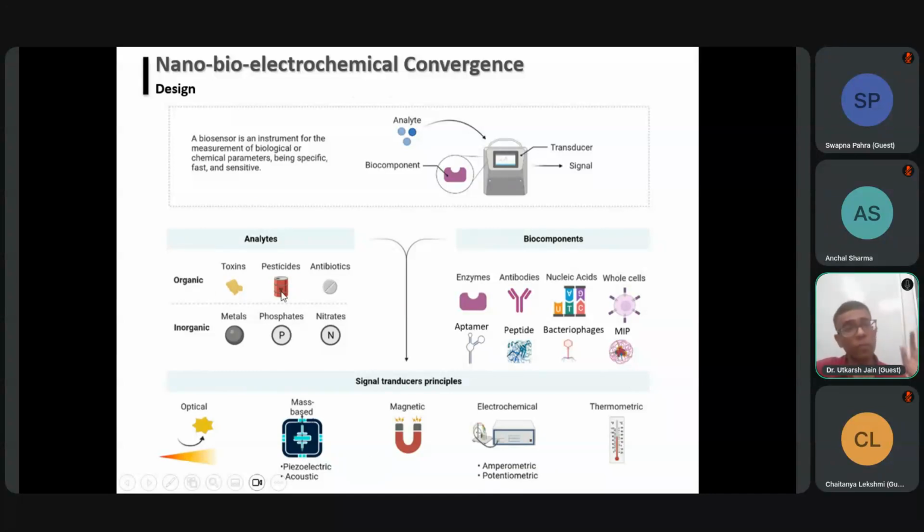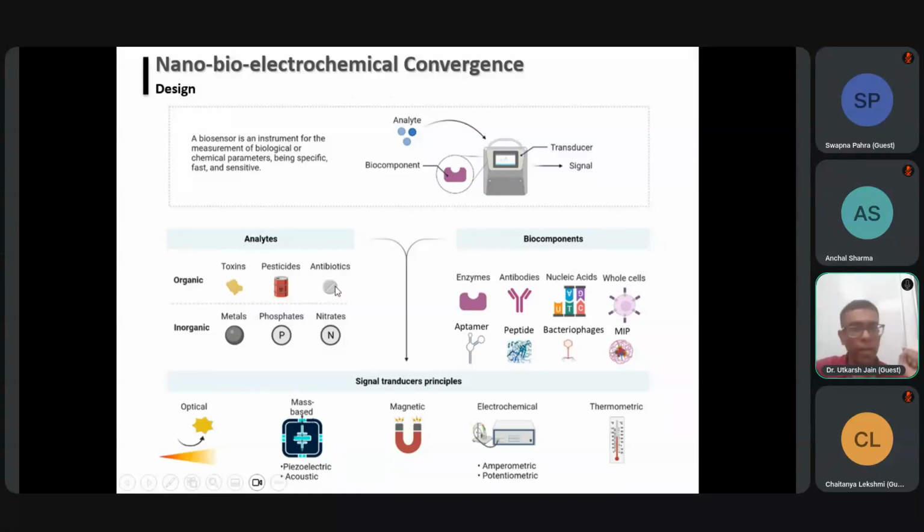As I told you, it is not restricted to just the biomedical or healthcare perspective, but also the environmental perspective, where you detect pesticide concentrations, and another part where a lot of environmental composition can be detected. Antibiotics can also be detected.